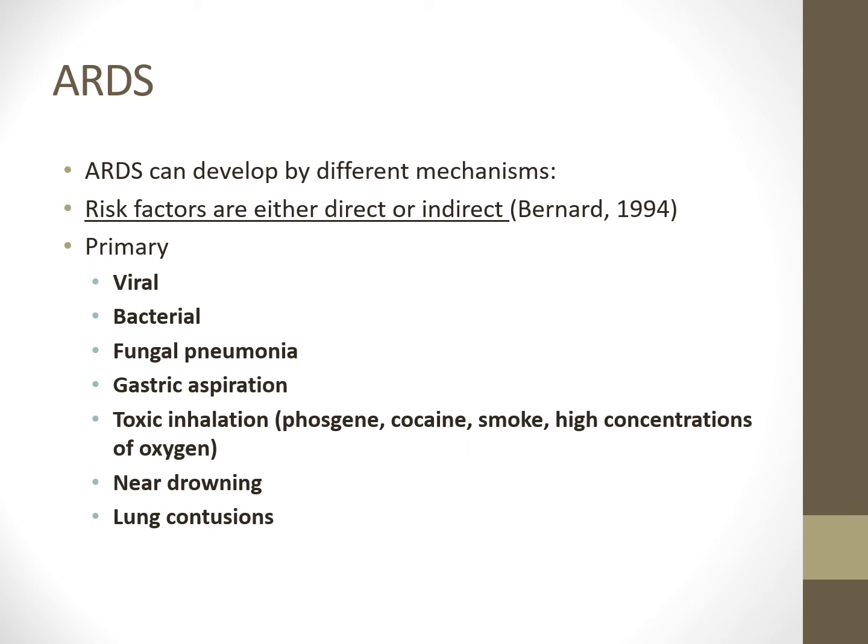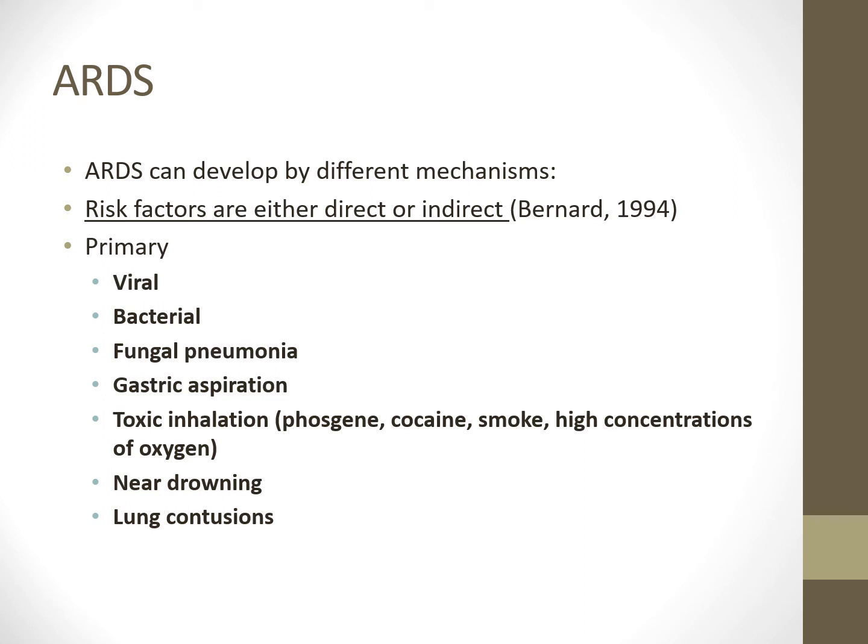Gastric aspiration is probably your most common, so aspiration pneumonia or pneumonitis. A patient that might have been found down and definitely aspirated a lot is at risk for ARDS.